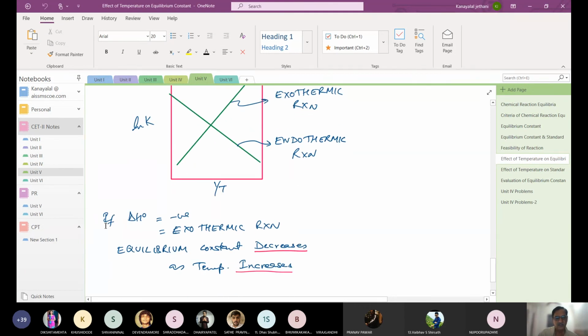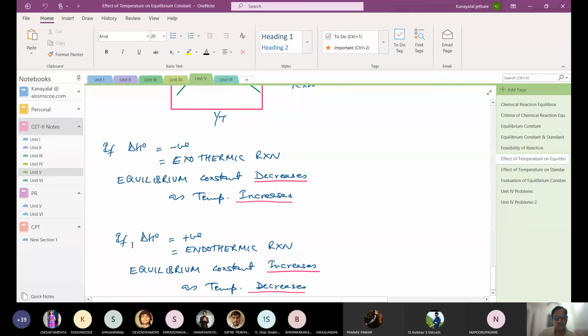Right? That means if delta H0 is negative, exothermic reaction, equilibrium constant decreases as temperature increases. And if delta H0 is positive, that is the endothermic reaction, equilibrium constant increases as temperature decreases. Sorry, and this temperature increase चाहिए यहाँ पर. वहाँ पर गलती है.